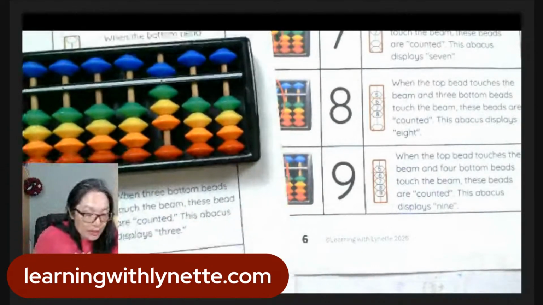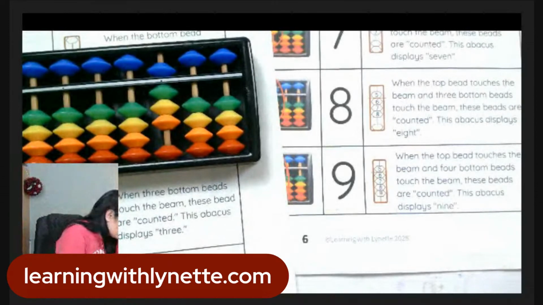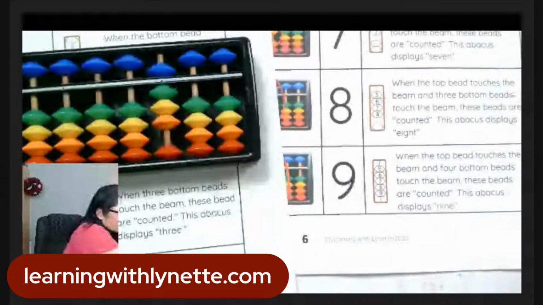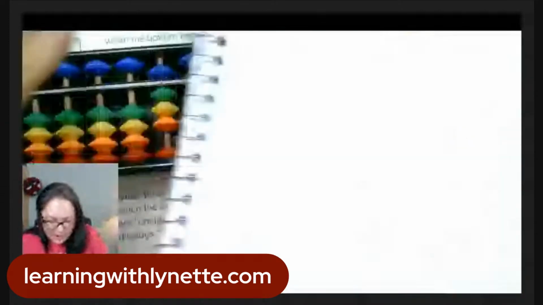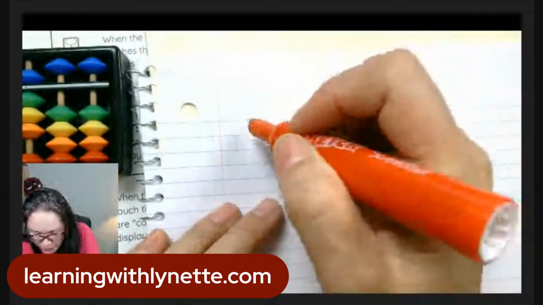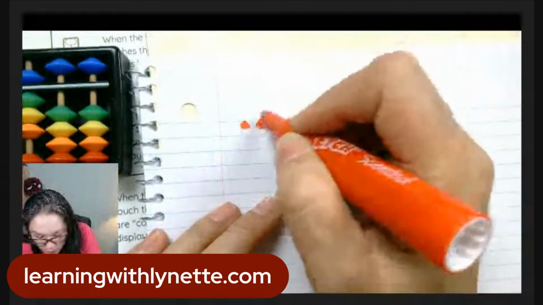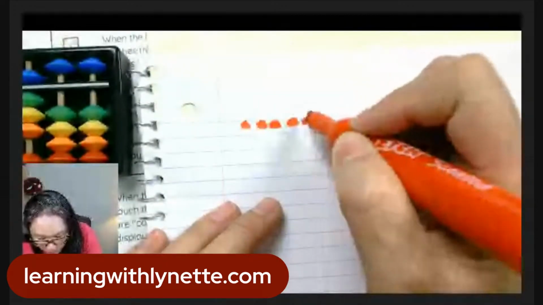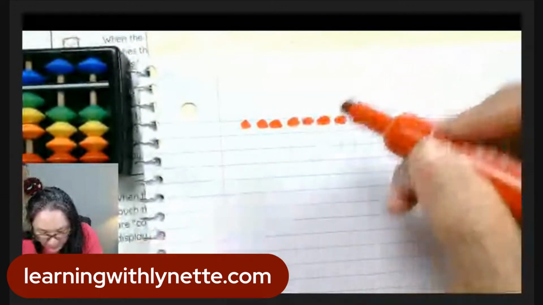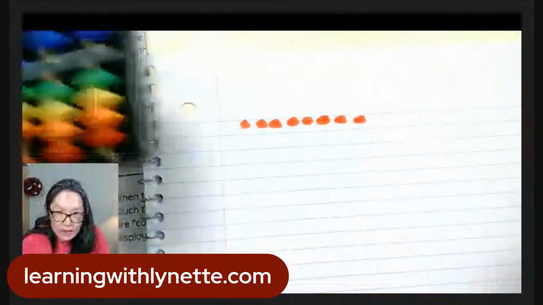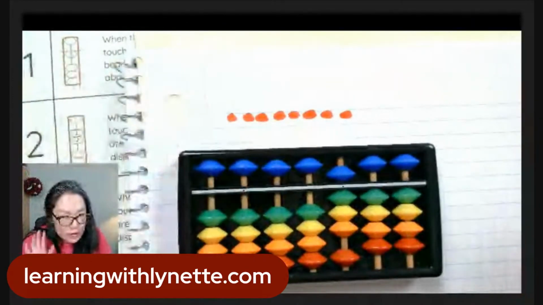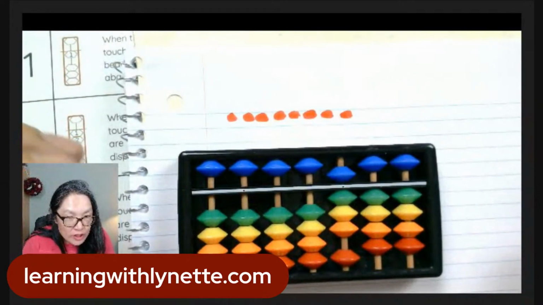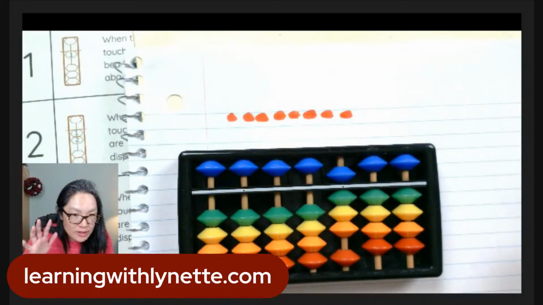In the mainstream world, we're making pictures of how to make 8: 1 2 3 4 5 6 7 8. I think it's very different when you see it on the abacus, which is really interesting. It's so true. When a child is able to see the beads and the numbers as a total, it's a game changer.